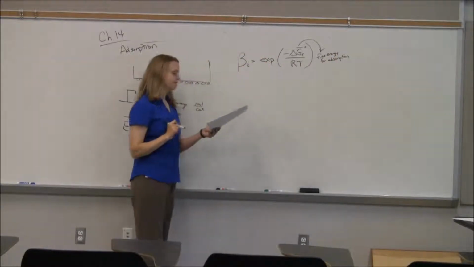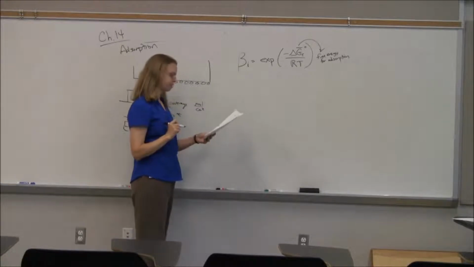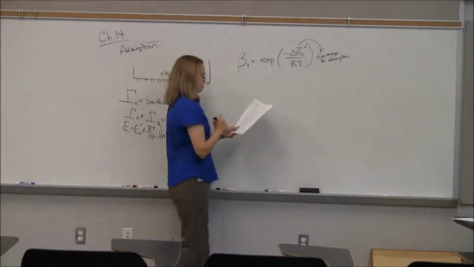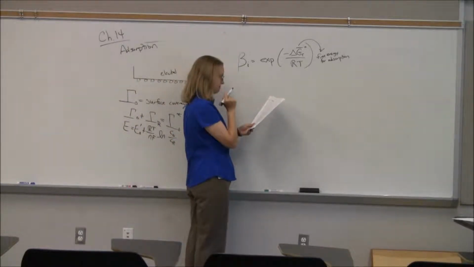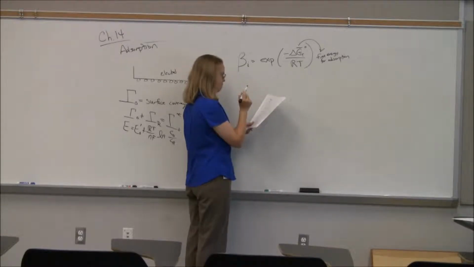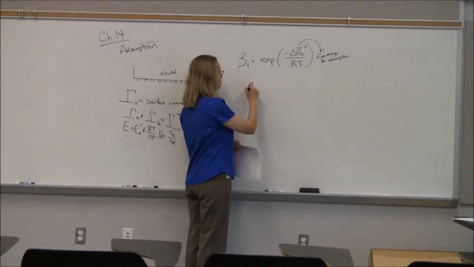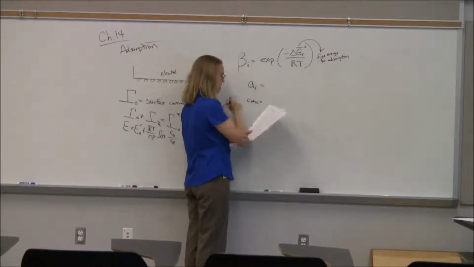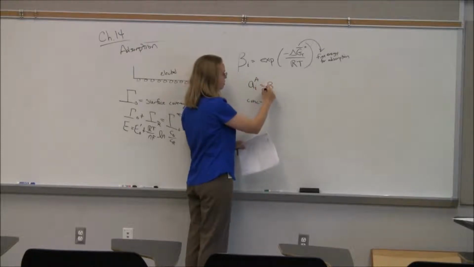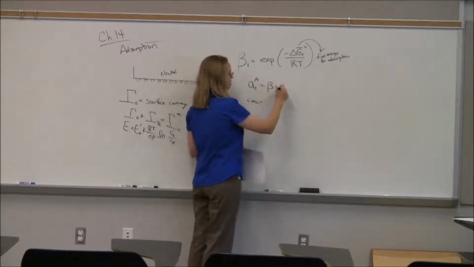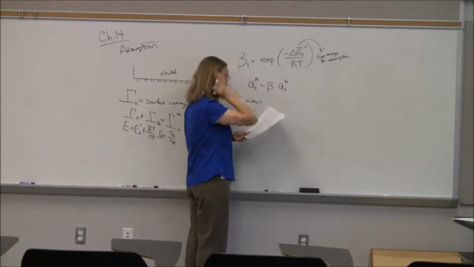And so we end up with an activity, i.e. a concentration, of i adsorbed equal to beta times the activity of i that's in the bulk.